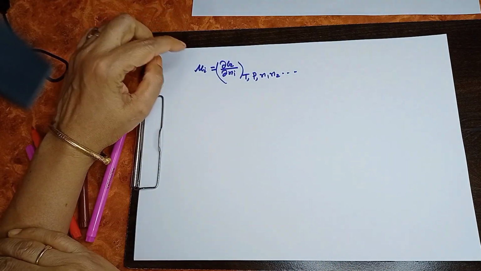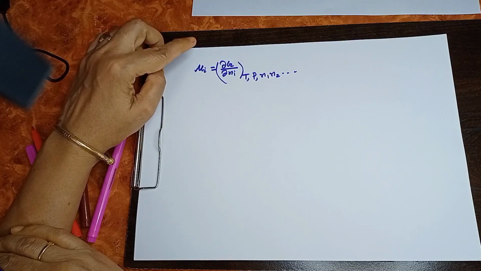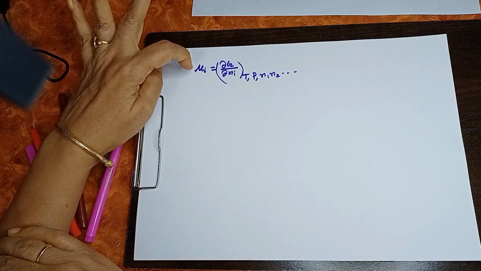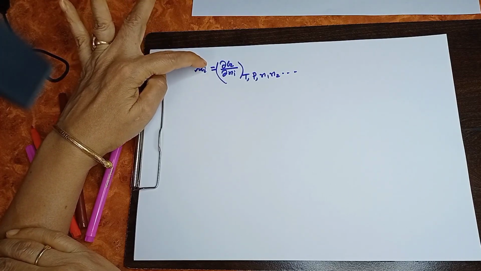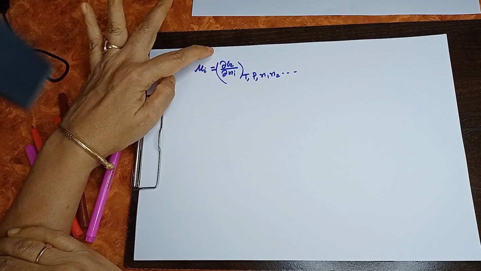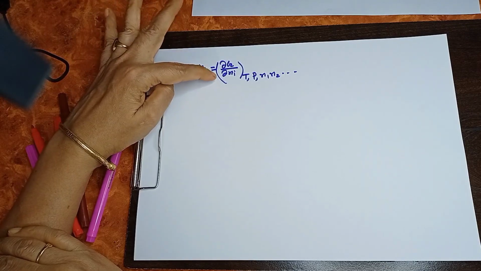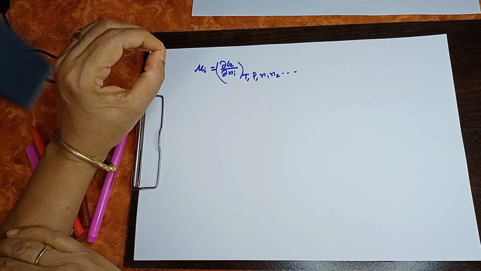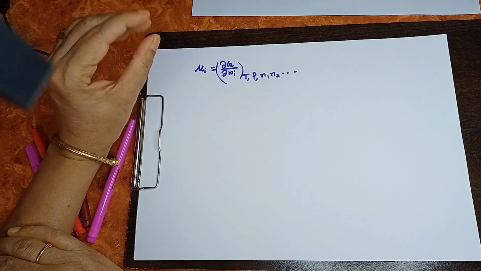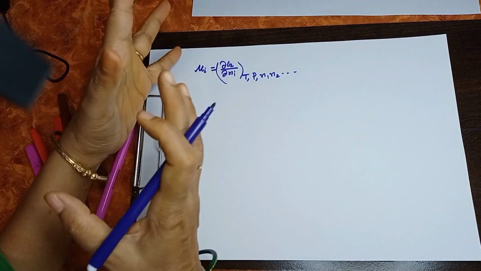That means chemical potential is the partial molar Gibbs free energy, right? So this chemical potential of the ith component is nothing but the change of Gibbs free energy with change in the amount of a component. Here I have taken the ith component in a mixture. That means it is a mixture of a number of components.